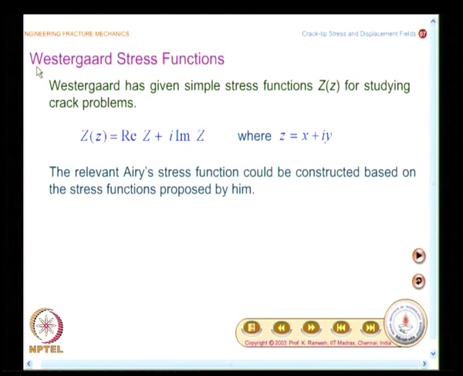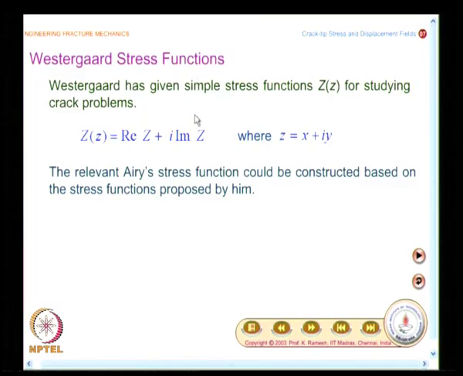So, we will look at what are Westergaard stress functions. See, the moment you take up theory of elasticity, Airy's stress functions are very popular. We had seen quite a variety of problems that have been solved by that approach, and in 1939 Westergaard published a paper on bearing pressures and cracks in the Journal of Applied Mechanics, where he proposed a simple stress function capital Z. And mind you, this symbolism is slightly confusing.